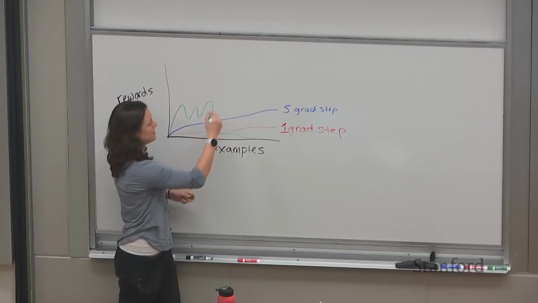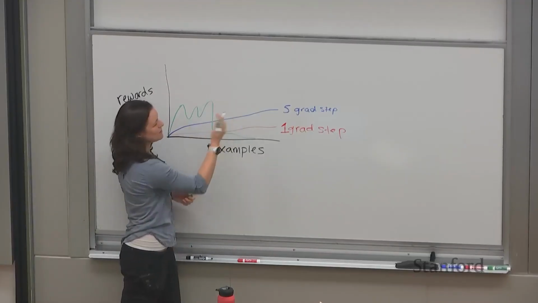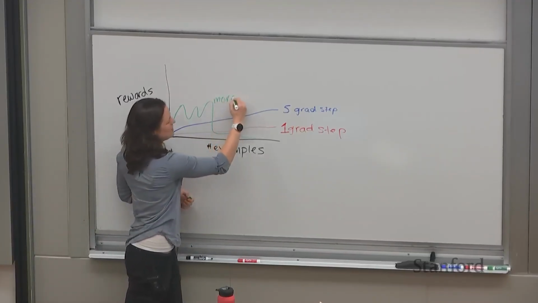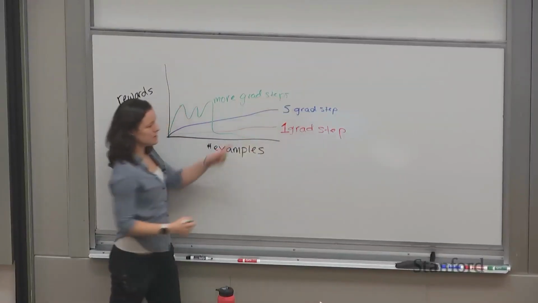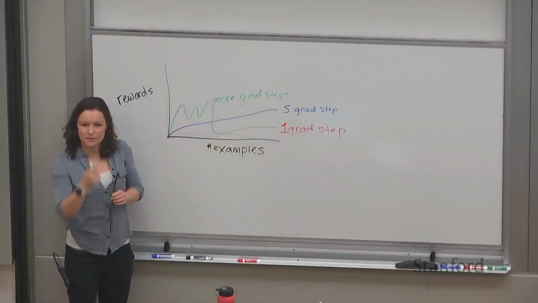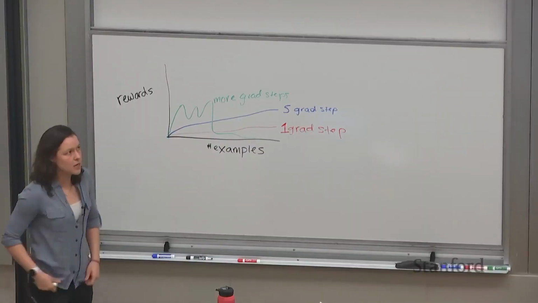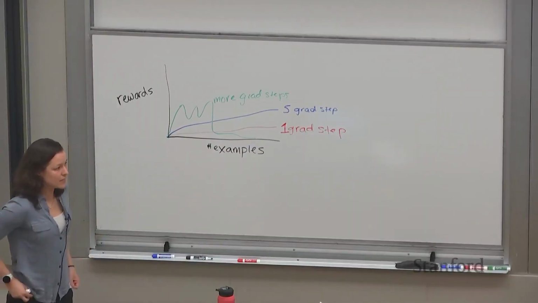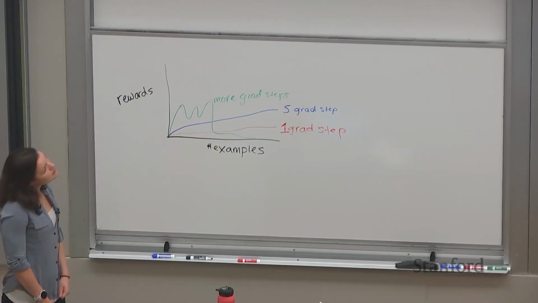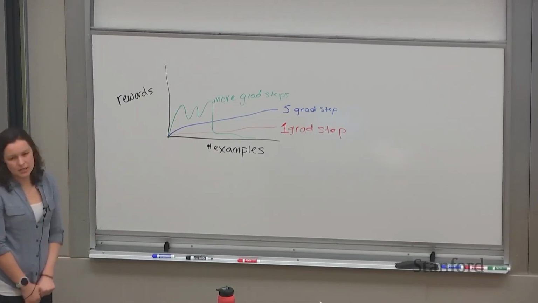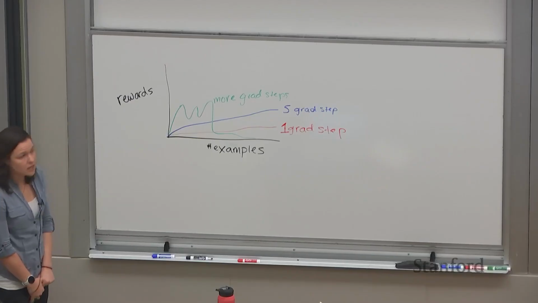I don't know exactly how many gradient steps this would be, but it would be more gradient steps than the others, and this would be too many gradient steps, essentially. So the question is, what does the behavior of an overfit policy look like in practice? As an example, it really depends on the problem.